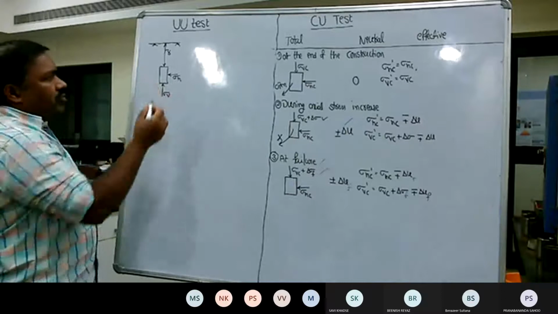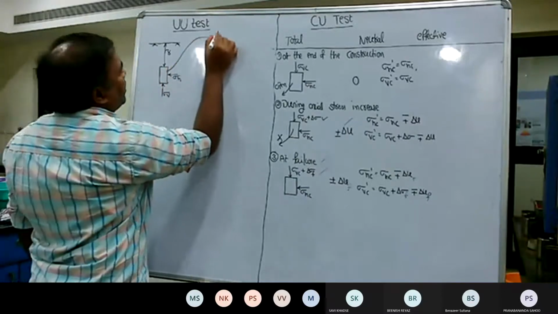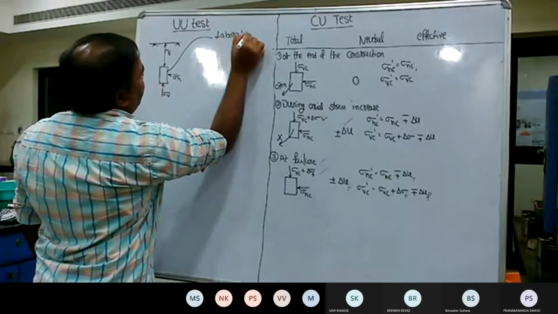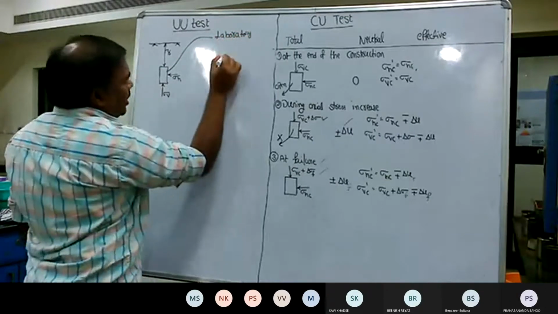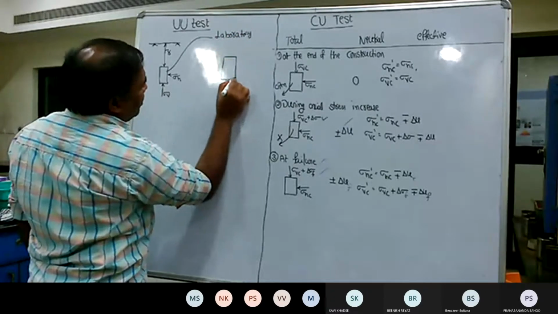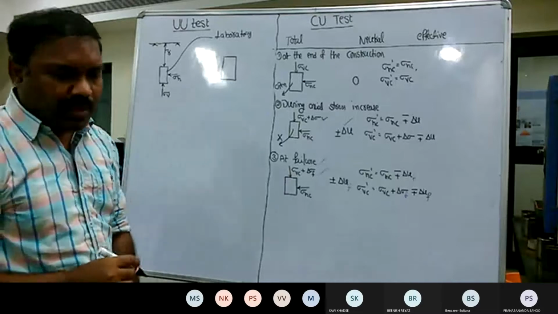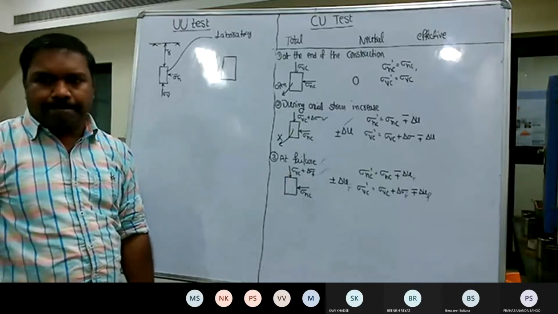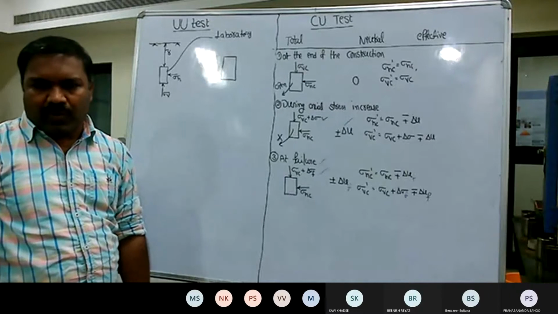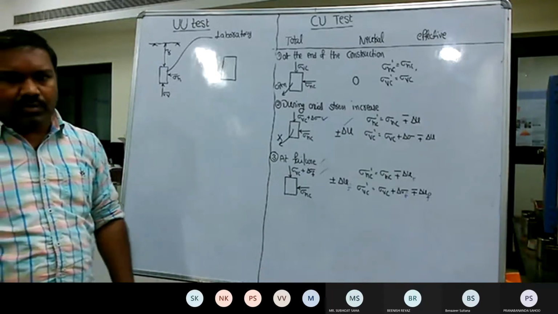Now, in the next step, I brought this sample to the laboratory. If you are asked to draw the free body diagram of this sample, what is the value of sigma h and sigma v? In the laboratory, in the no stress condition, it is 0.